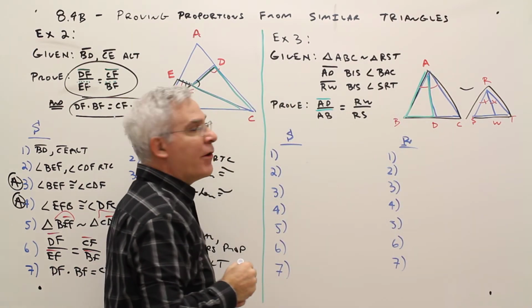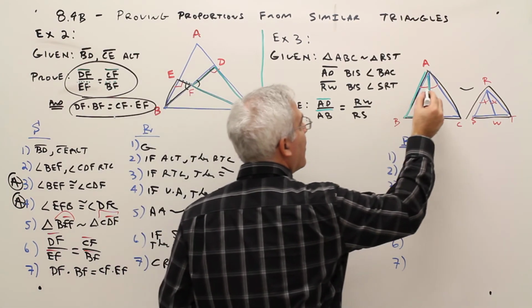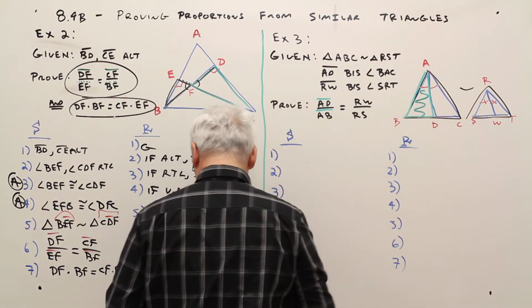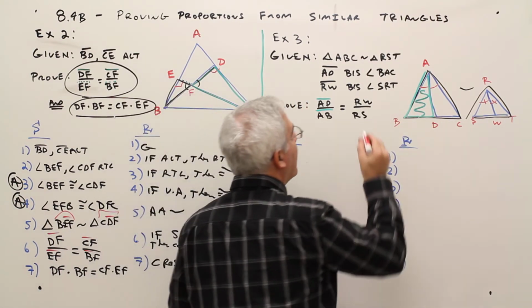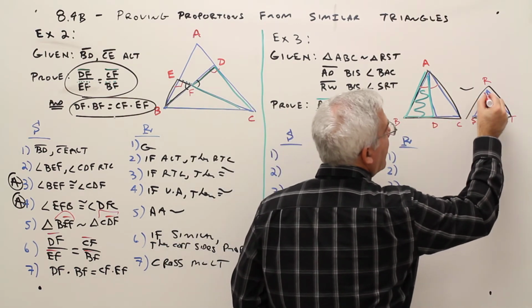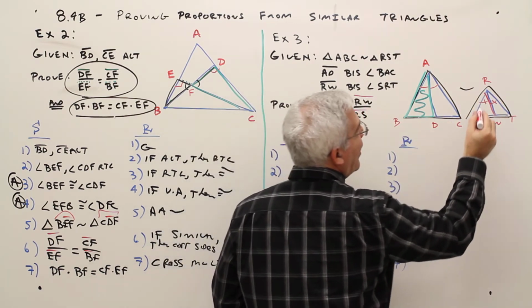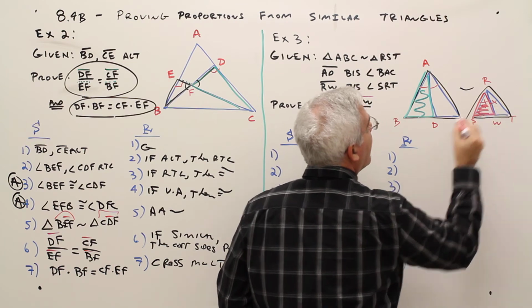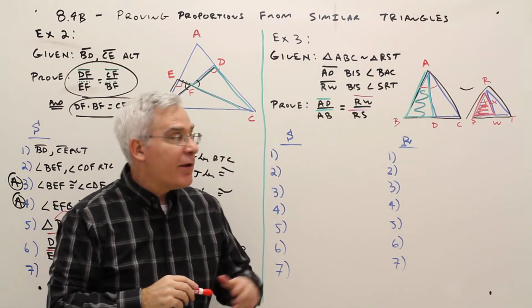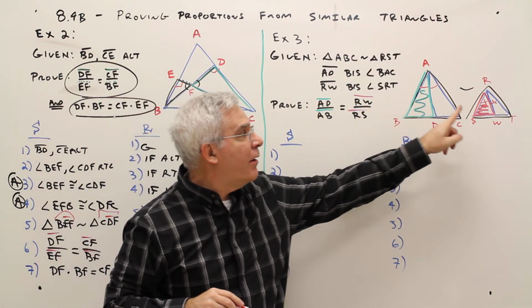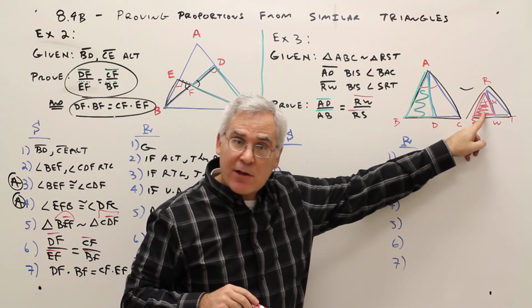So I'm looking for that green triangle there. I'll do the other one in red. RW, RW, RS, RS. So now my goal is to get this green triangle similar to that red triangle.